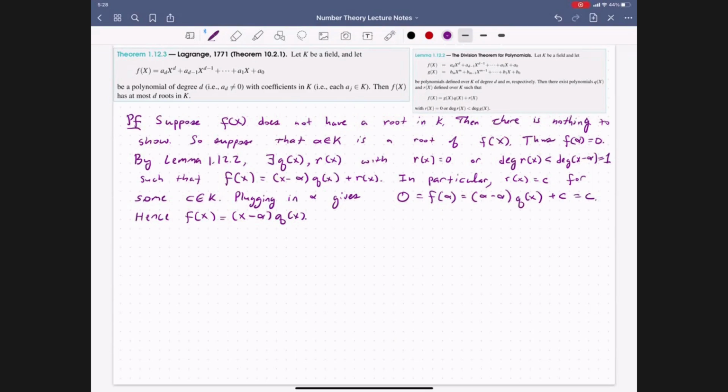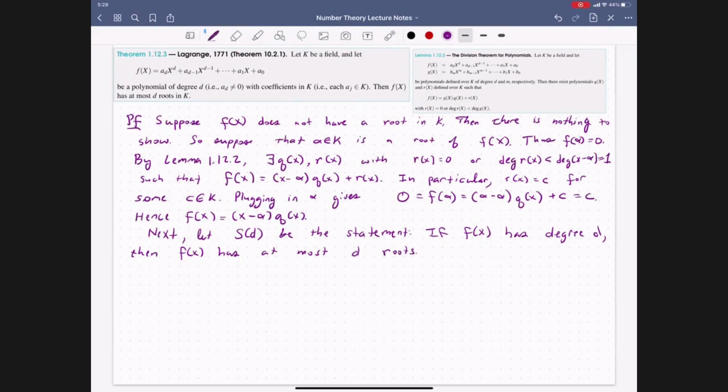Now we're going to approach this by induction. So next we're going to let S of d be the statement: if f of x has degree d, then f of x has at most d roots.